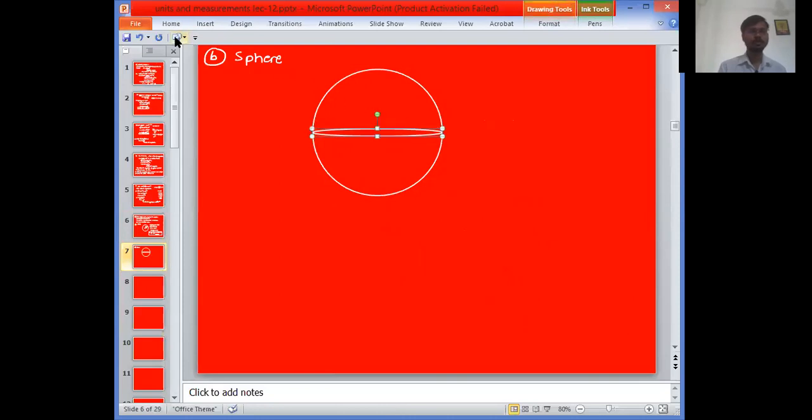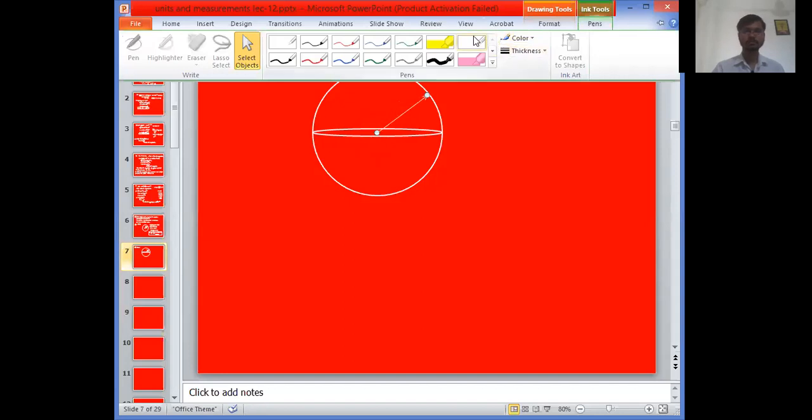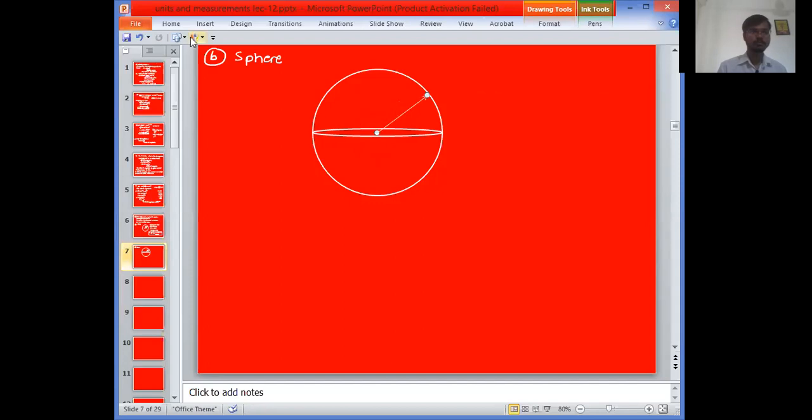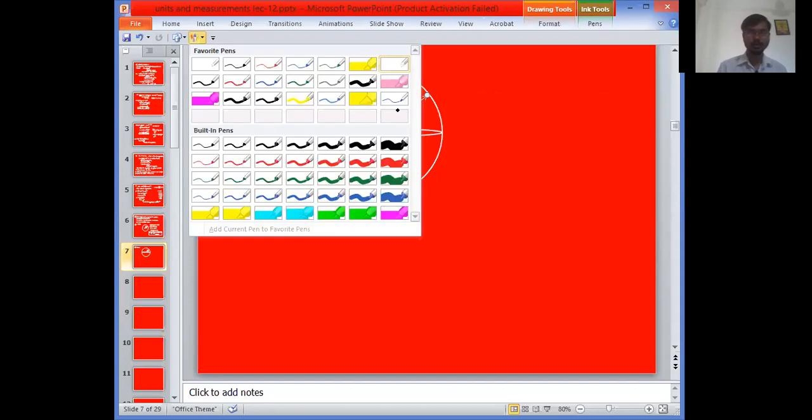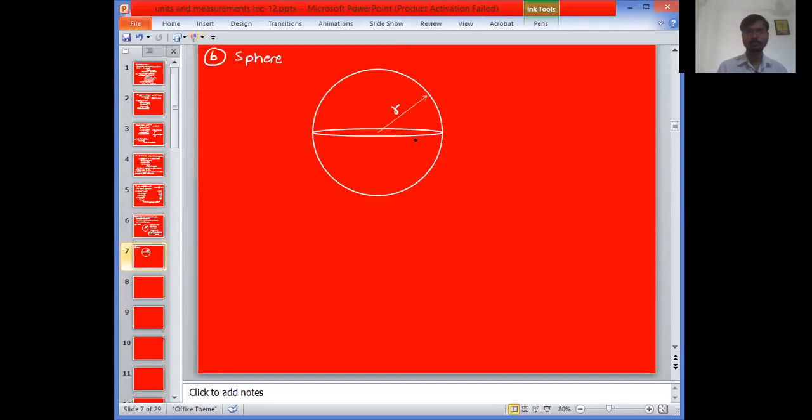This is how I am going to draw it. Of course, the sphere is going to have the center, and the sphere is going to have the radius r.